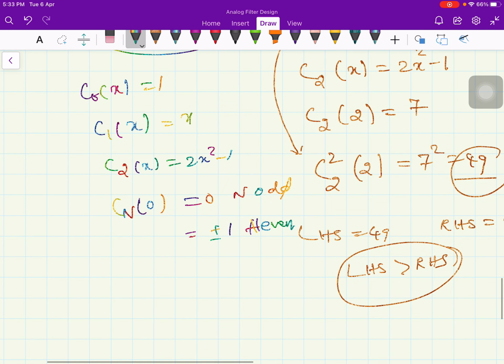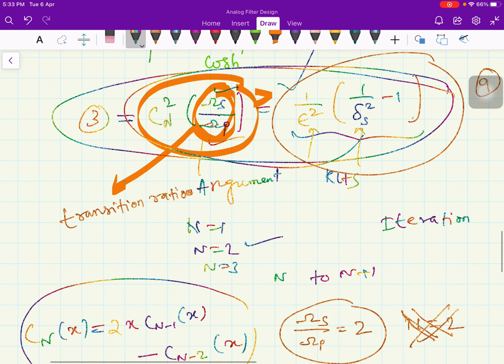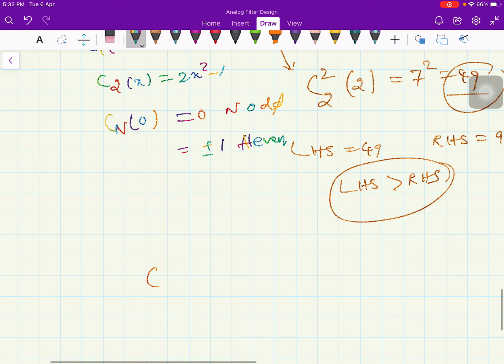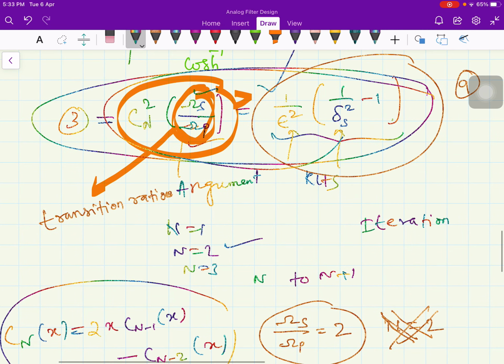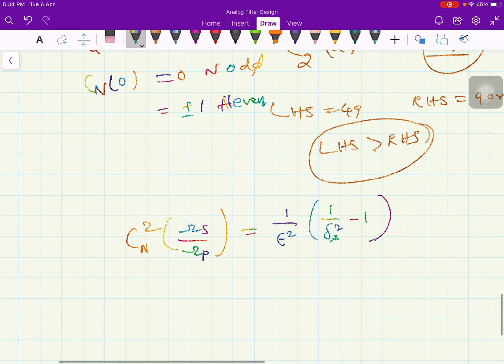In case you don't like this formula, let me write it down one more time. Cn squared of omega s by omega p is equal to 1 by epsilon squared, by delta S squared minus 1.